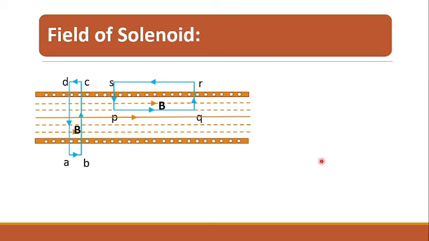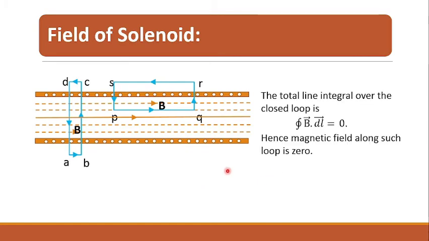And therefore the magnetic field over the closed loop ABCD is also 0. Thus the total line integral over the closed loop, the integral of B vector dot dl, is equal to 0. Hence the magnetic field along such a loop is 0, right?